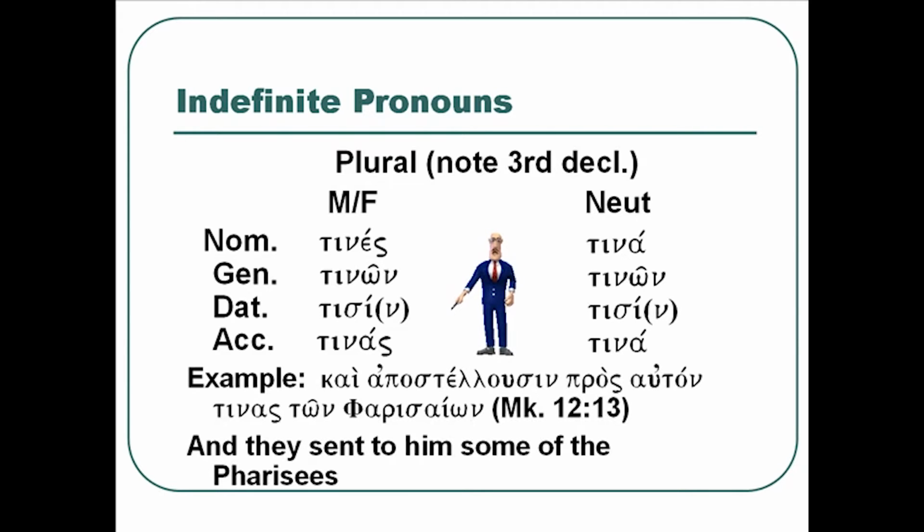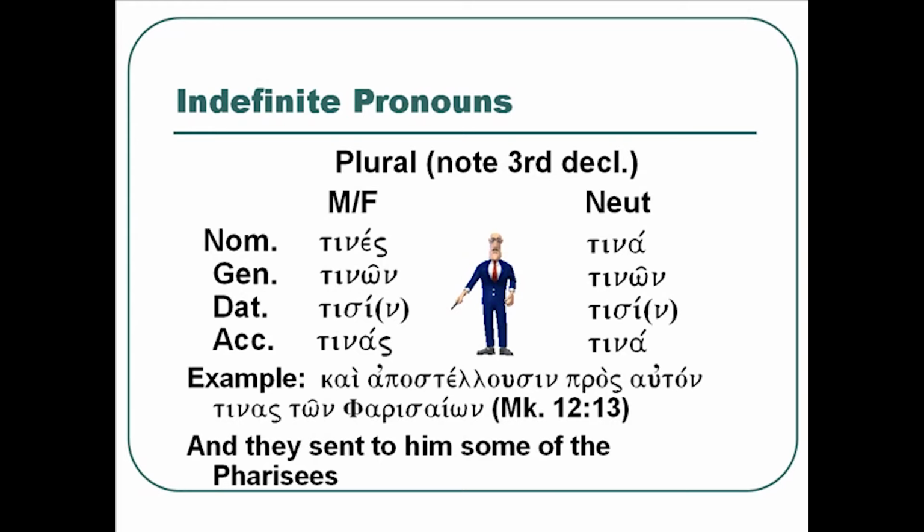Now here's an example of the use of the indefinite pronoun. Kai apostelusin pras autan tinas ton pharisaion. And they sent, apostelusin, they sent to him, pras autan, tinas.